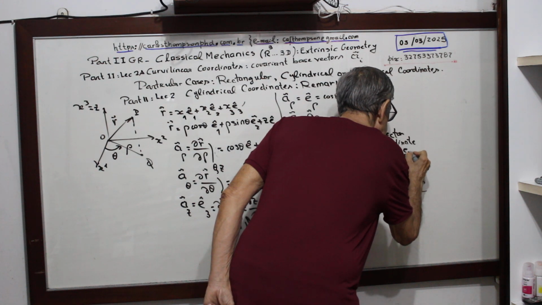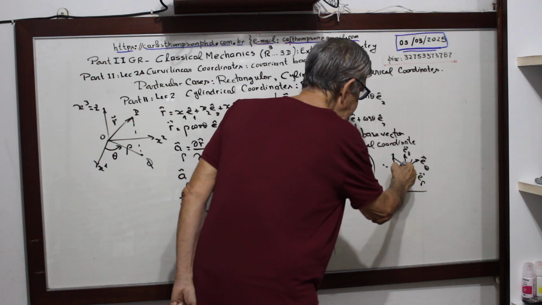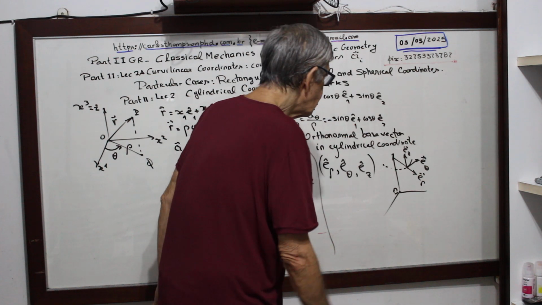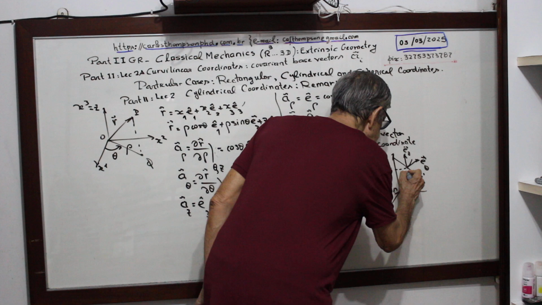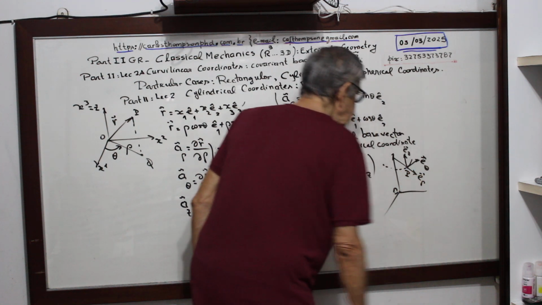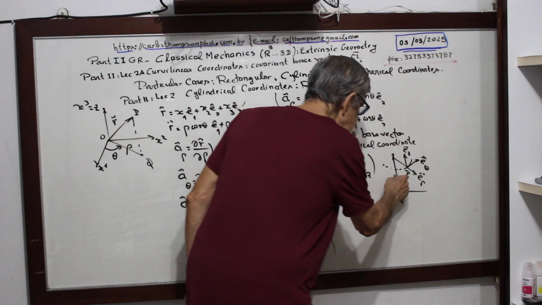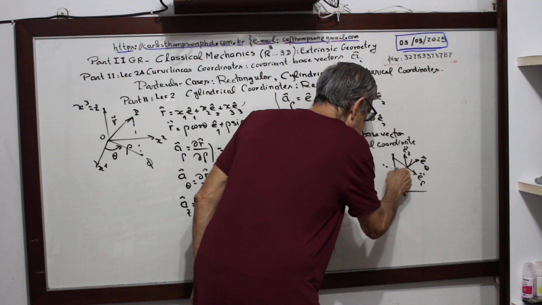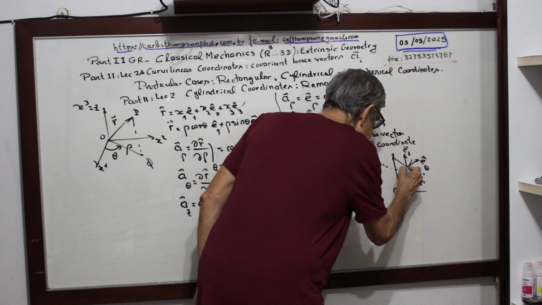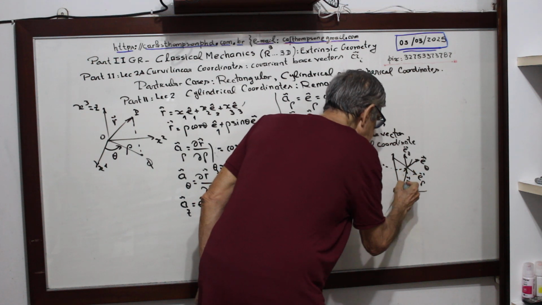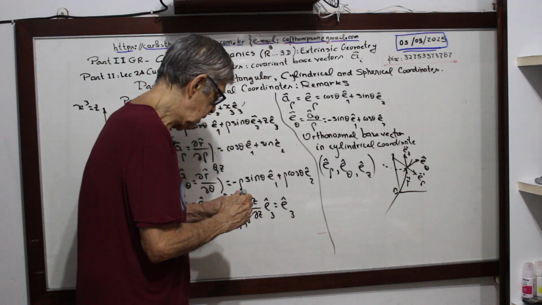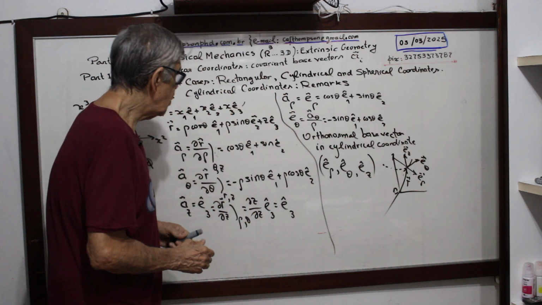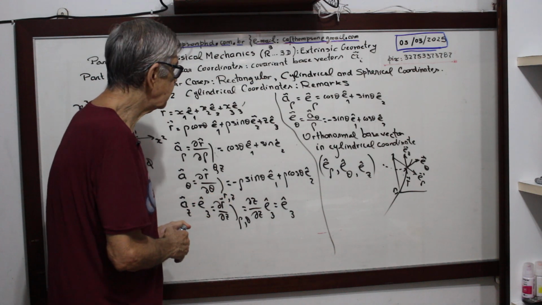This is z. You see, they are an orthonormal basis. There's an O, there's a point P over here. See, don't forget that there is a position vector at this point P. Okay. So this is enough for a while.